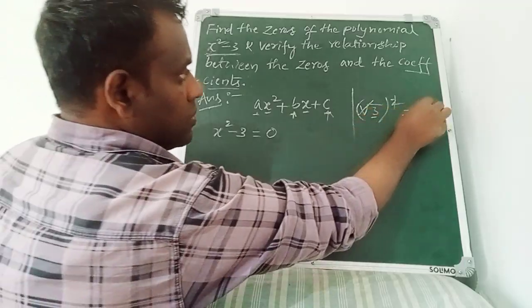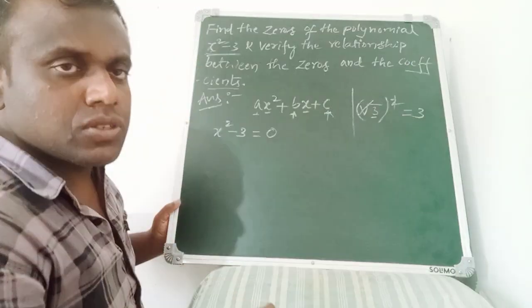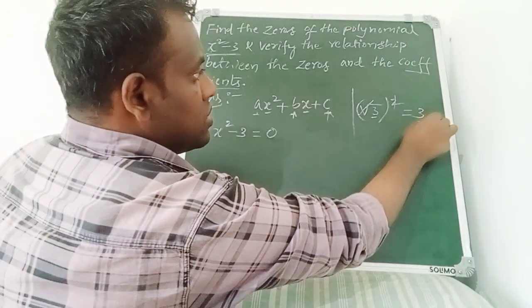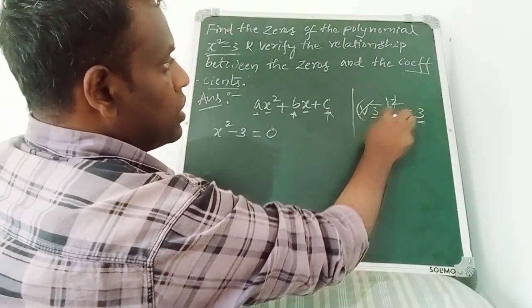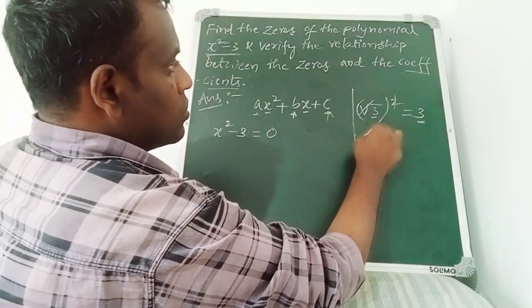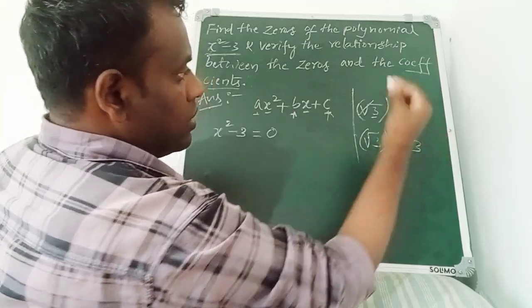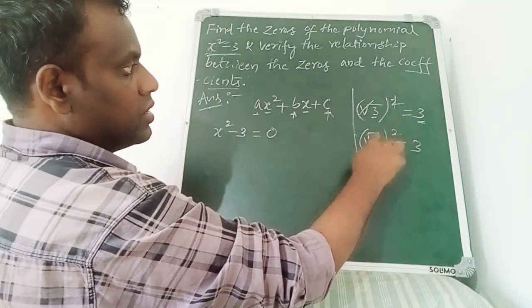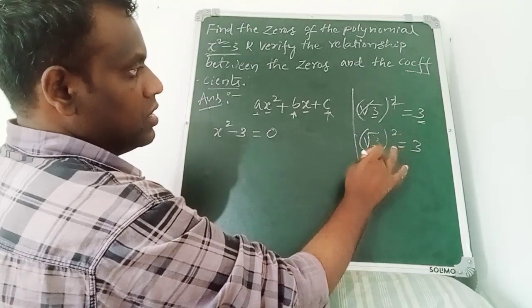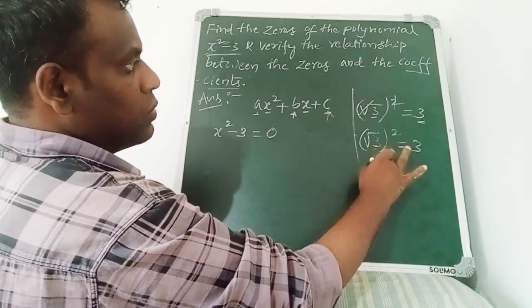What is left? 3. So root 3 whole square is equal to 3, because this and this cancel out, we are left with 3. So 3 can be written as root 3 whole square.